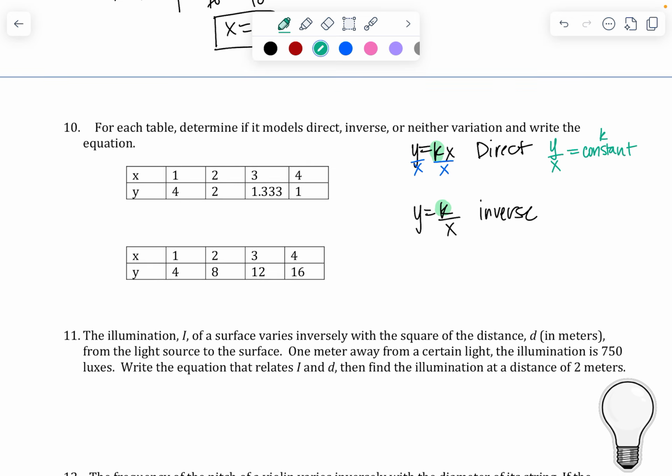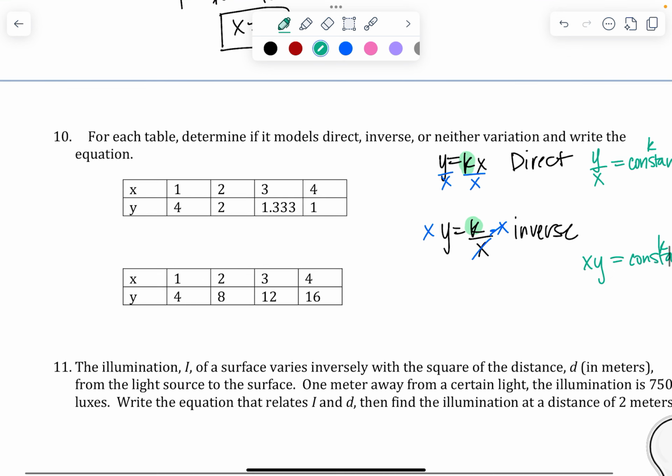Whereas for inverse variation, we would multiply both sides by x. And so we end up with the product of our variables being constant, because it's going to equal that k value.